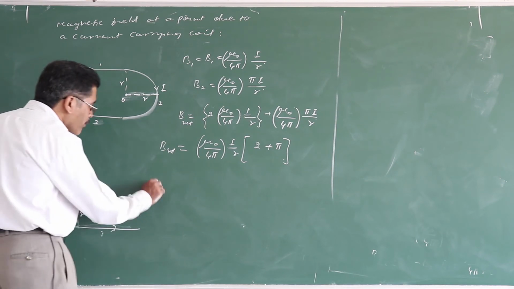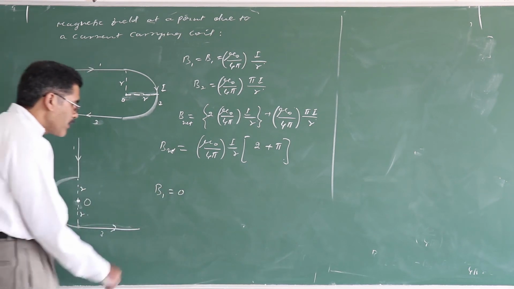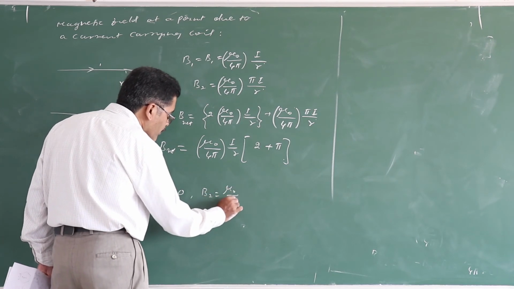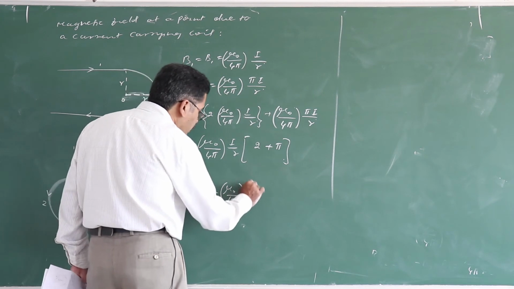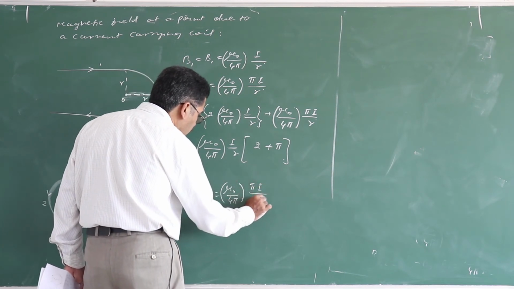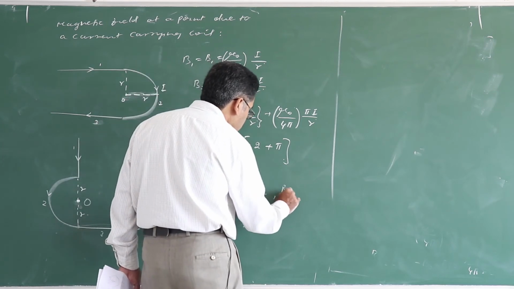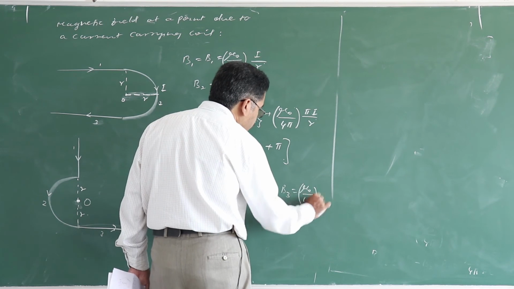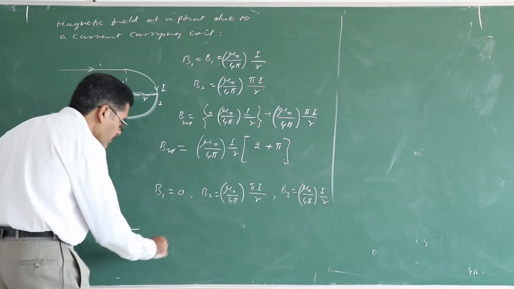Therefore magnetic field due to segment 1 is 0. Magnetic field due to segment 2 is B2 equal to mu naught by 4 pi, as usual, pi into I divided by R. And what is B3? B3 is mu naught by 4 pi I by R. Now what is the net magnetic field?